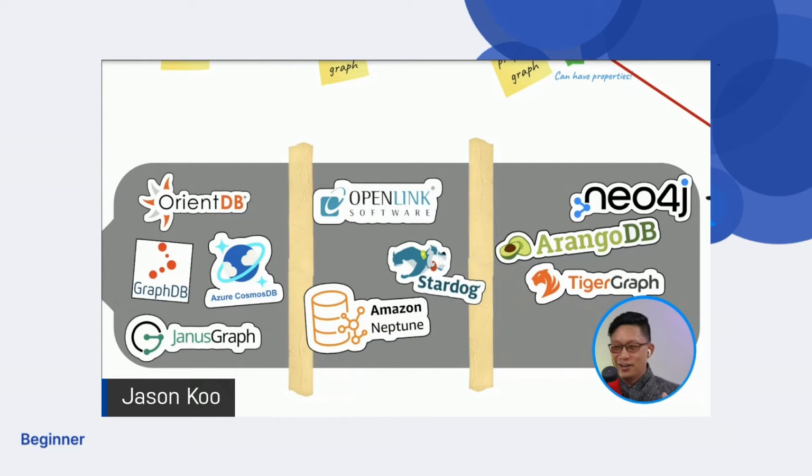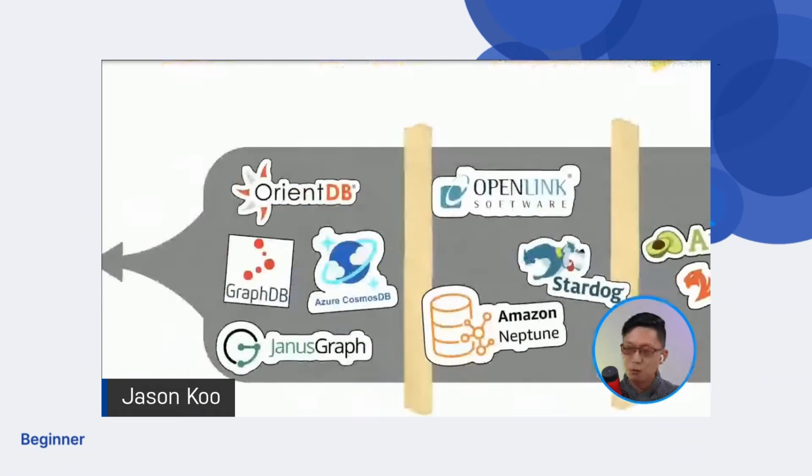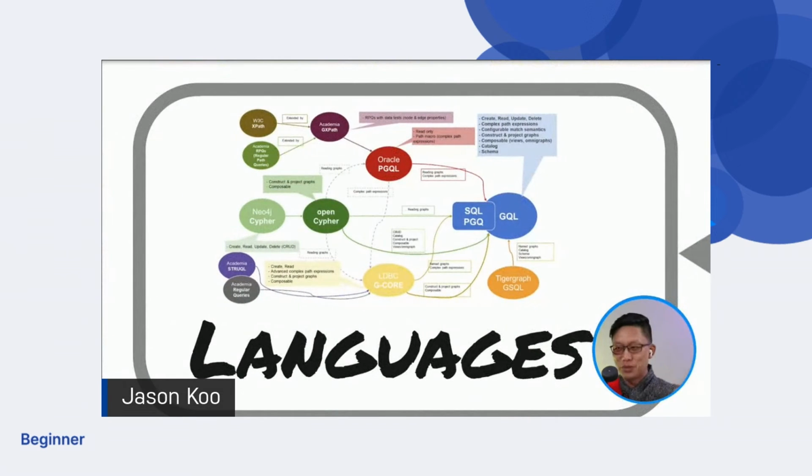Okay, now even with just these 10 databases, as you can imagine, with most of them having their own query language, we unfortunately get a giant zoo of different query languages that you could use to query a graph database.